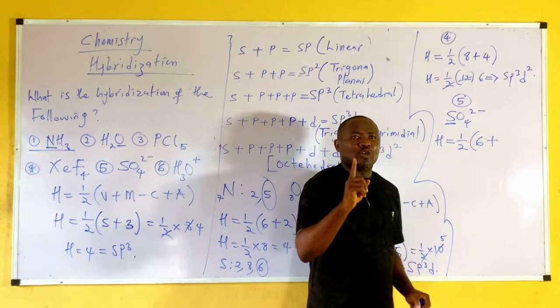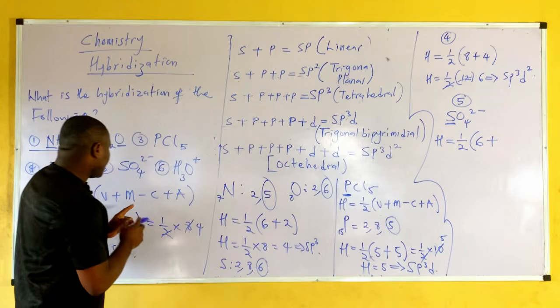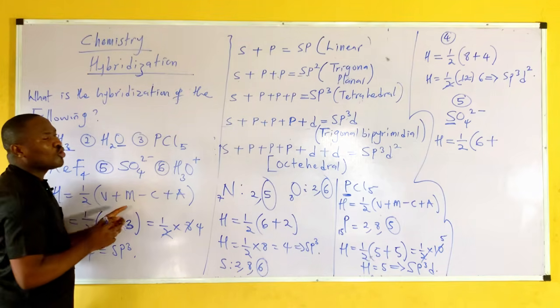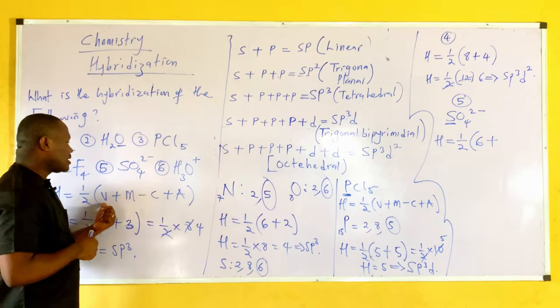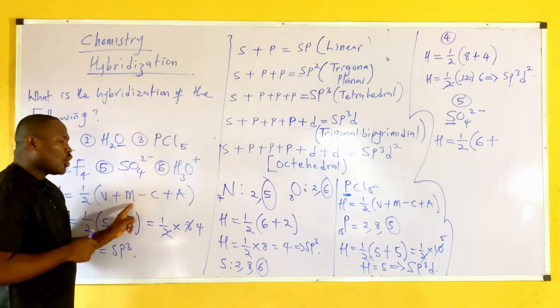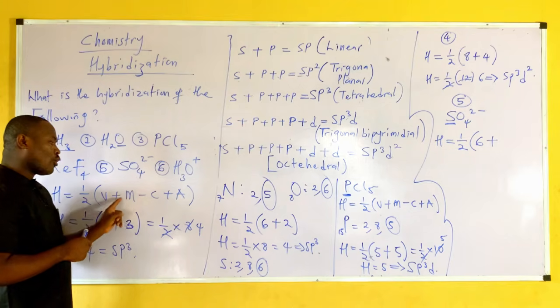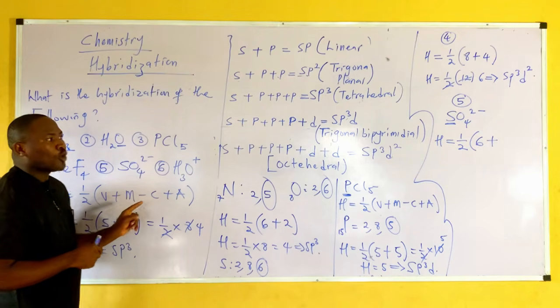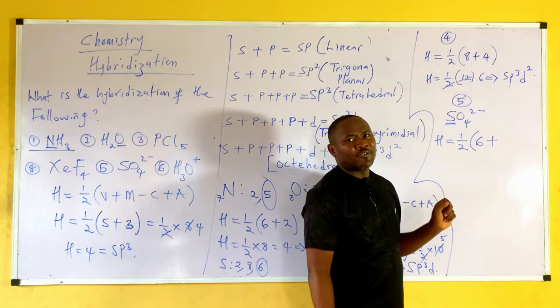No. Remember the law? The law told us that our M is the number of monovalent atom attached to the centralized atom. The number of monovalent, not divalent. That's our M. Oxygen is not monovalent. Oxygen is divalent.